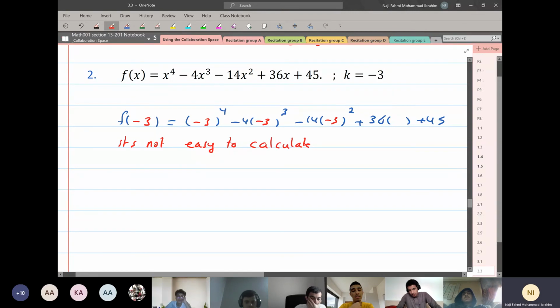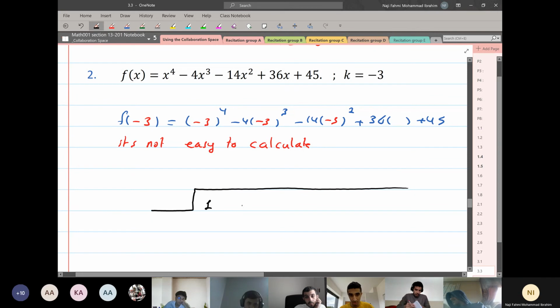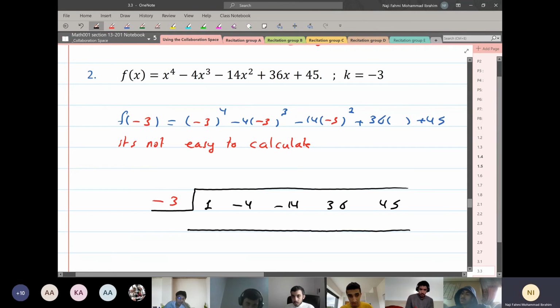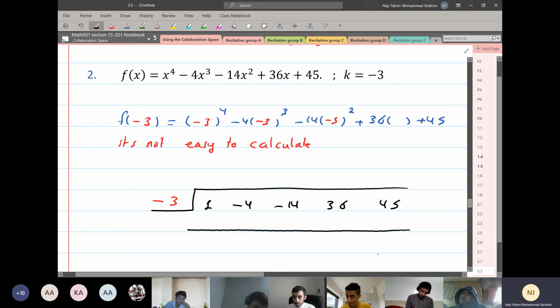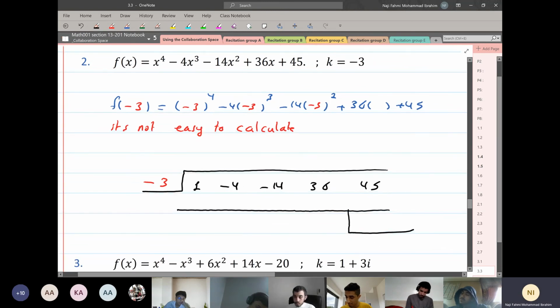Start dividing, guys. Of course, we are dividing to find the remainder. This is our goal.